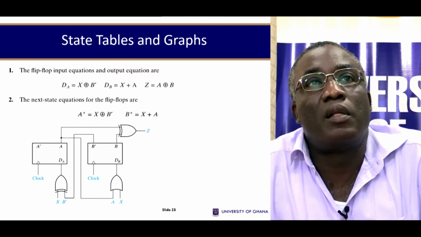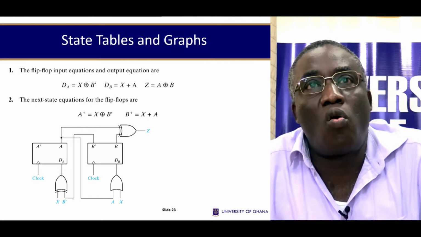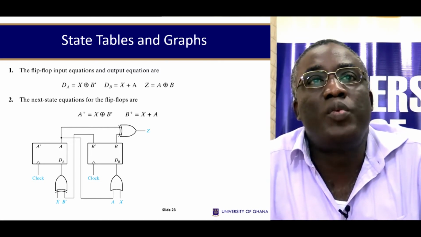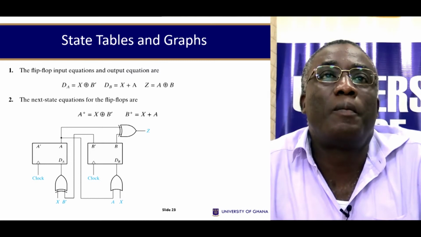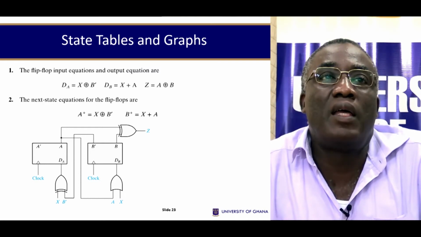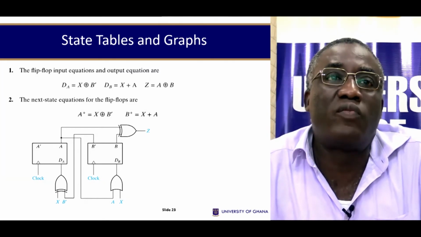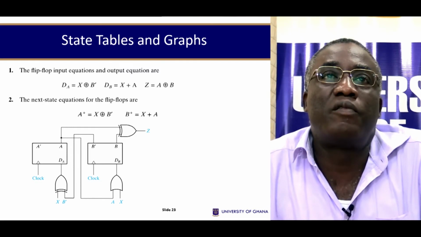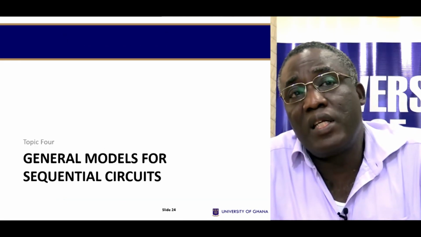DA is X exclusive OR B. DB is X OR A. And then Z will be the exclusive OR of A and B. So the next state equations for the flip-flops are: A will be X exclusive OR B not, and for B it will be X OR A.